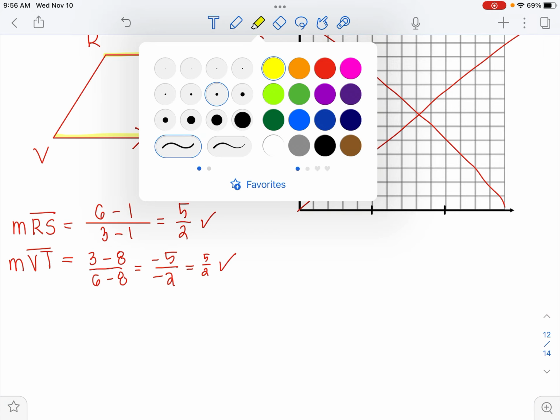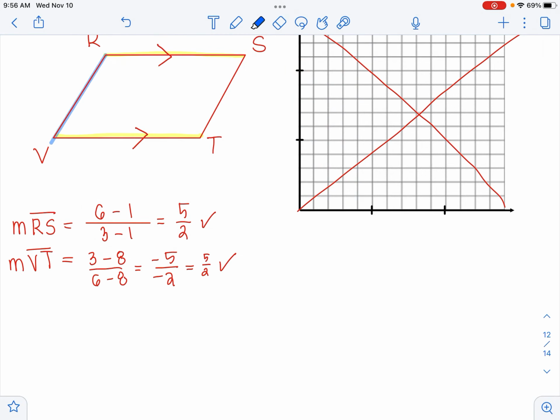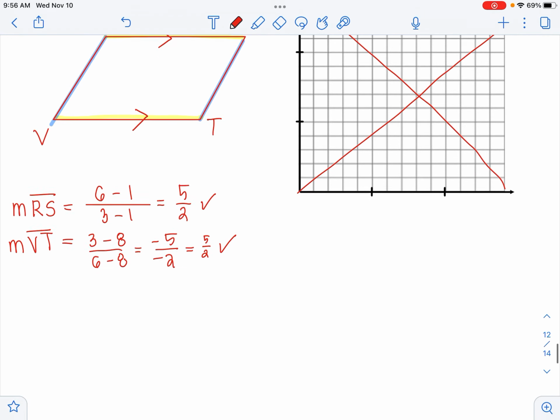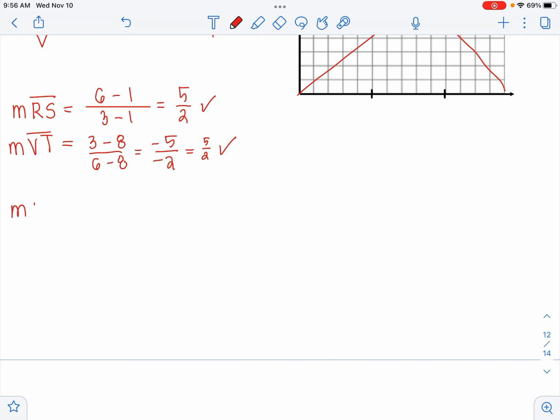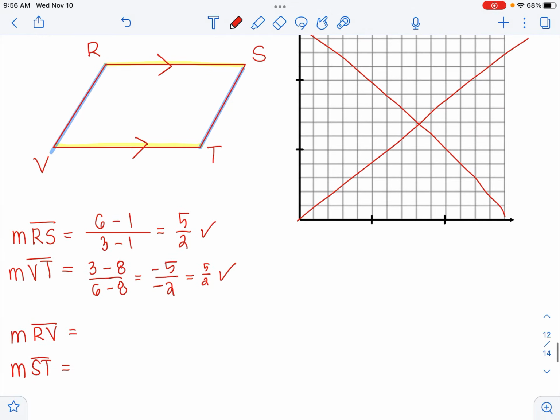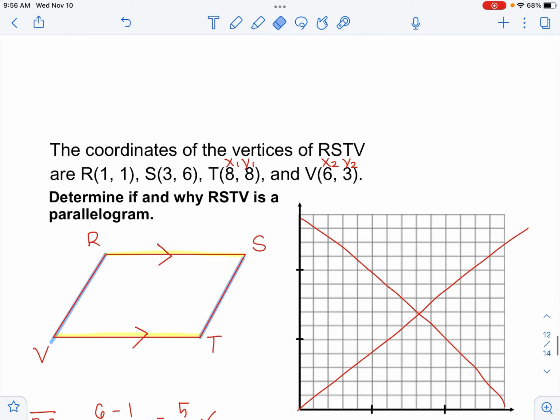So now I'm going to check to see if RV and ST are parallel. So I'm going to write down the slope of RV and the slope of ST. All right, so we'll start with RV. So I'm going to erase what I labeled x1, y1.